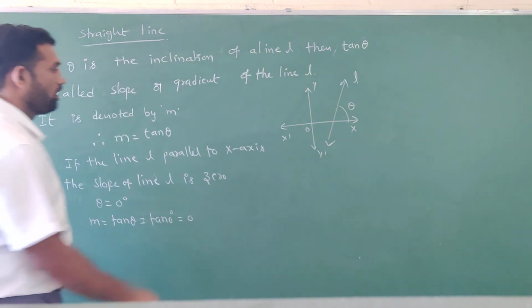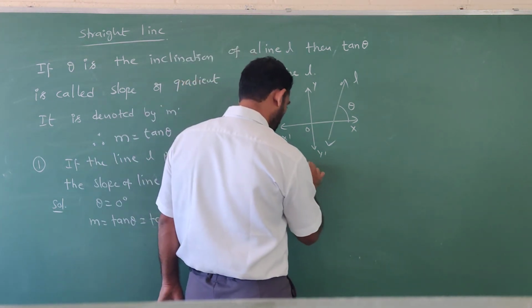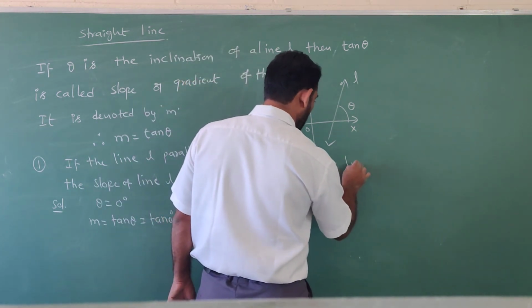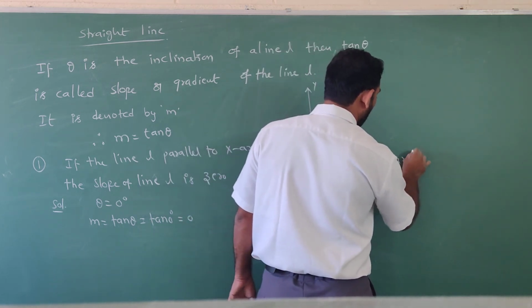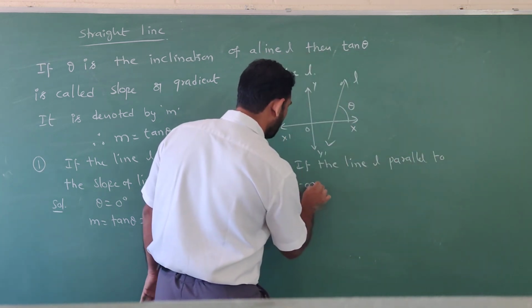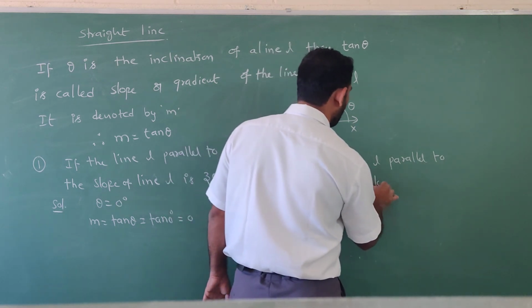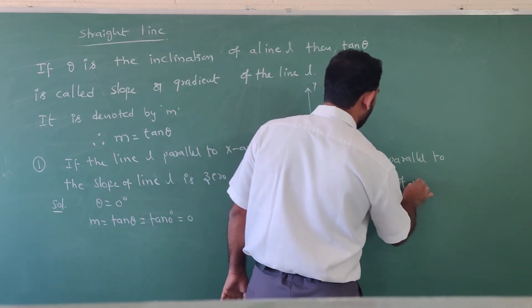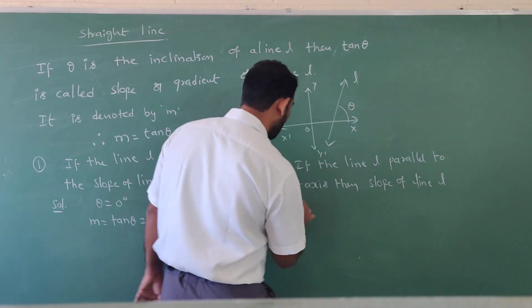Second point: if the line L is parallel to y-axis, then the slope of line L is not defined.